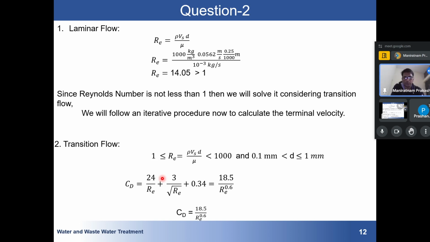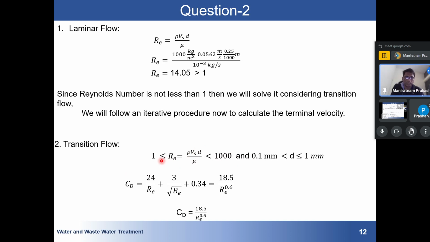You will calculate the value of this Vs, then put it here again, and check whether you are getting your desired result, or whether your assumption is correct or not. Suppose your assumption is correct, that by putting the new settling velocity you are getting Re between 1 and 1000, then that is your correct answer.